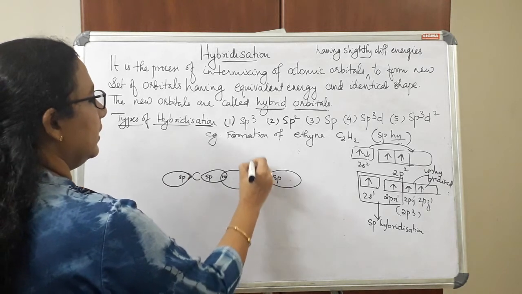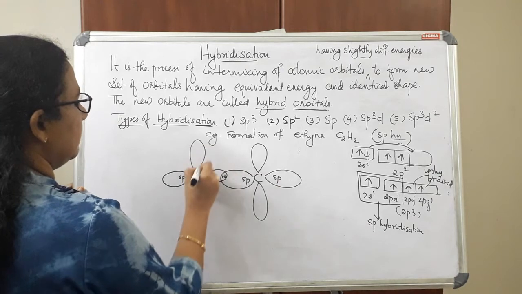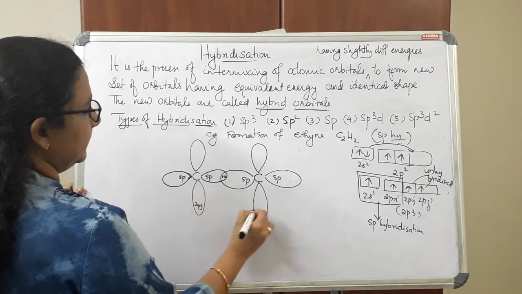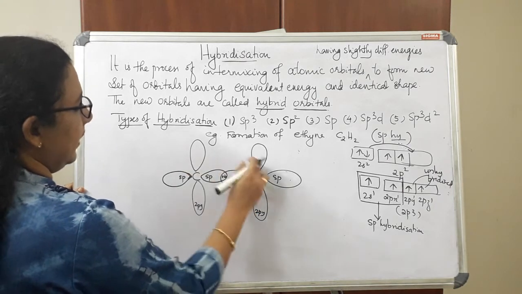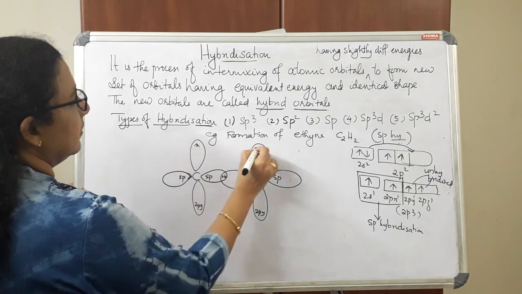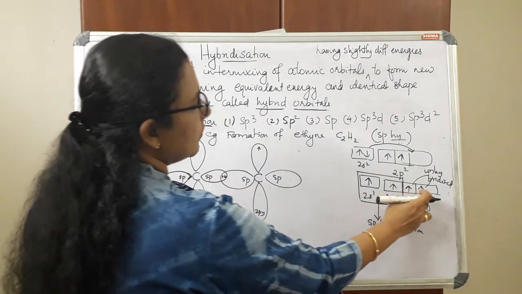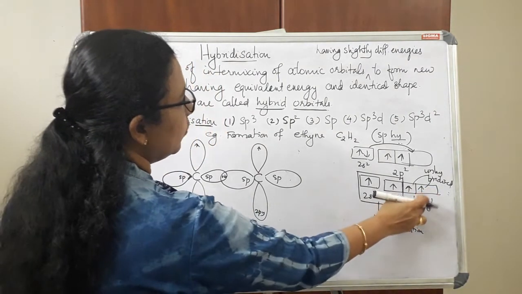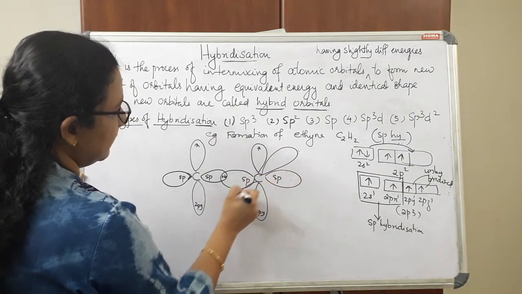So one unhybridized p orbital of the carbon atom will be like this. If this is 2py, it has one electron each, and there is also one more unhybridized orbital, that is 2pz1. That can be drawn in this way.